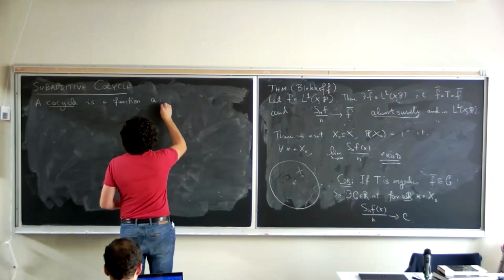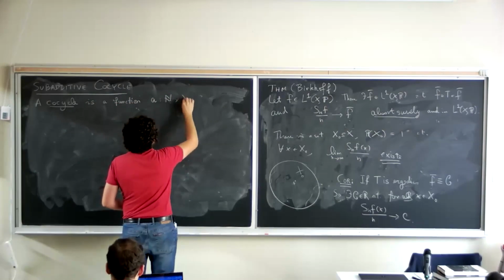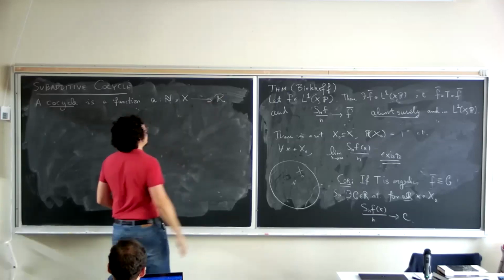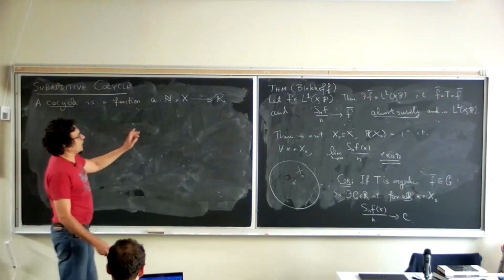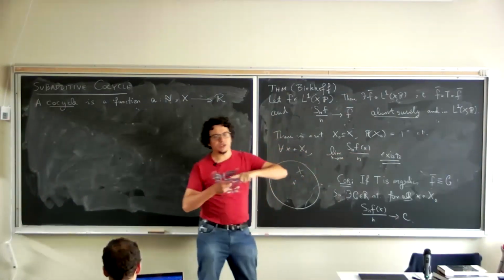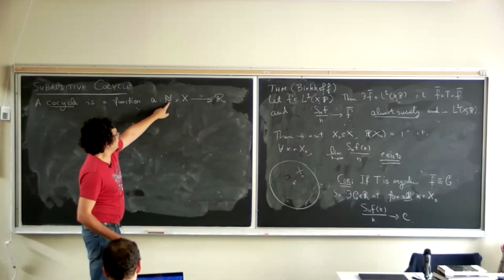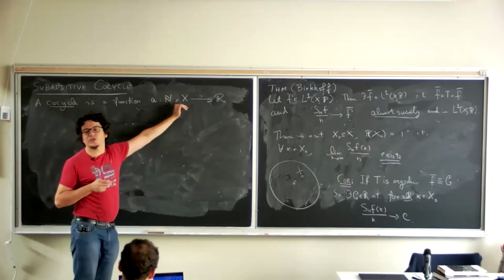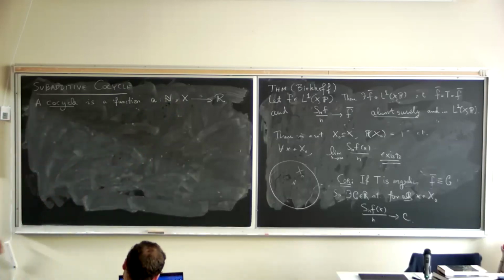It's a function from N times our space X to R. So now, instead of looking at the same function today, tomorrow, and the day after tomorrow, every day, where this n is the time parameter, every day we're allowed to change the function, but change the function in a controlled way, otherwise there will be nothing to say.